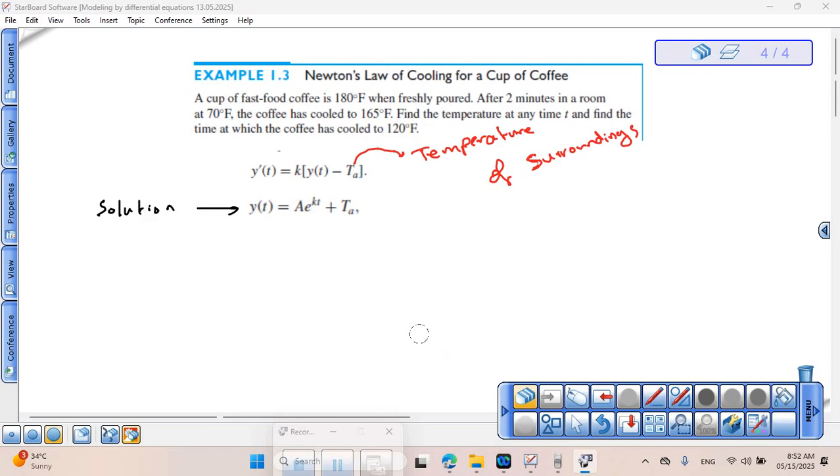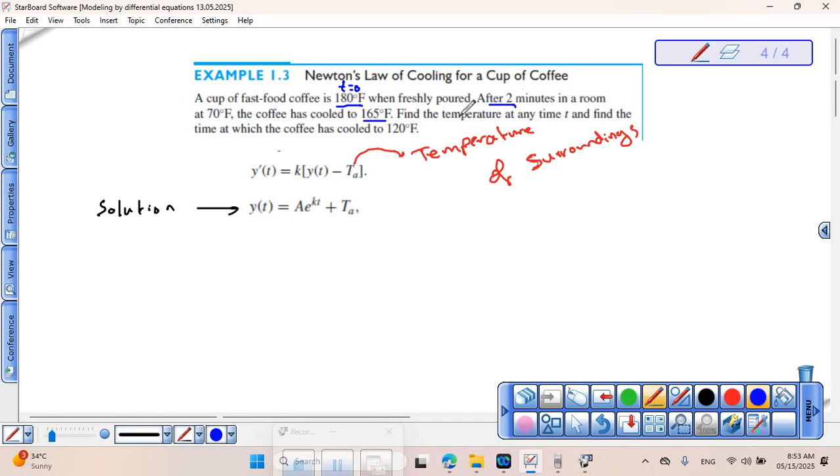In the beginning, it is 180 Fahrenheit. After 2 minutes, be careful about this, the given information becomes 165 Fahrenheit. Here, as you see, at t equals 0, but here, t equals 2 minutes.